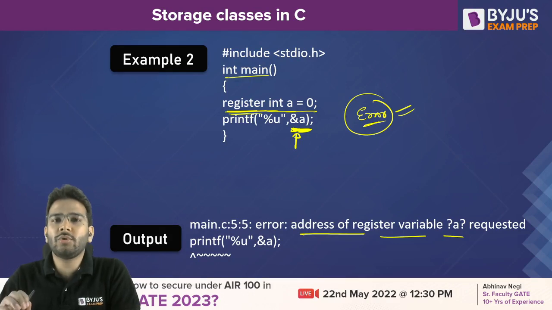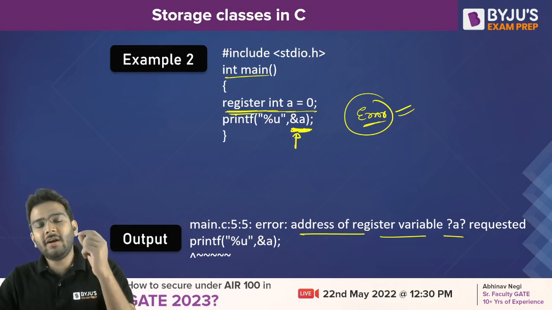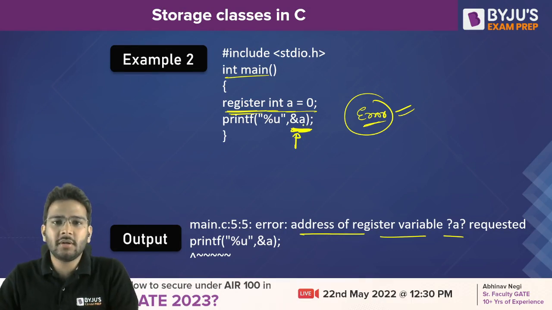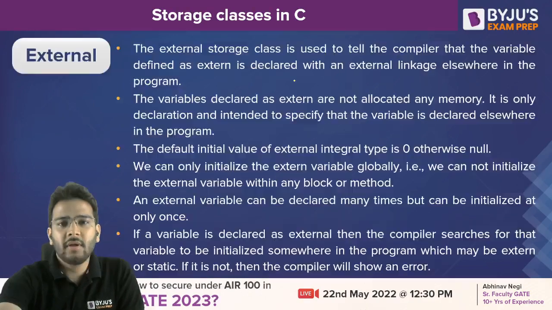So it's all up to the CPU whether it is going to approve it or not, based on the space available for registers. Clear? And one more thing, we can store the address of any variable in the register. That is allowed, but we cannot get the address of the register variable. Okay, I hope it is clear.